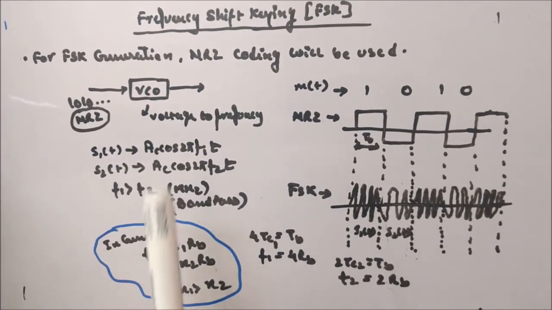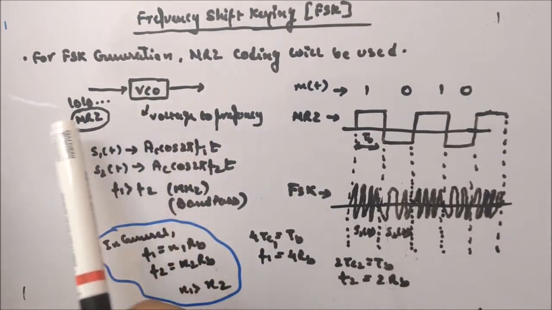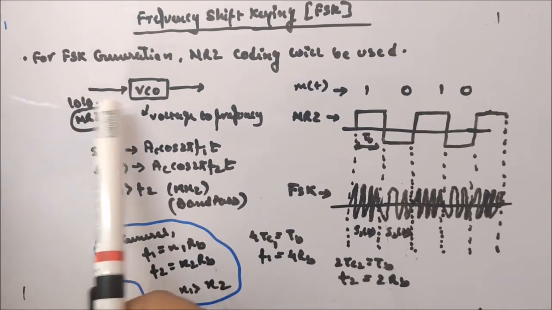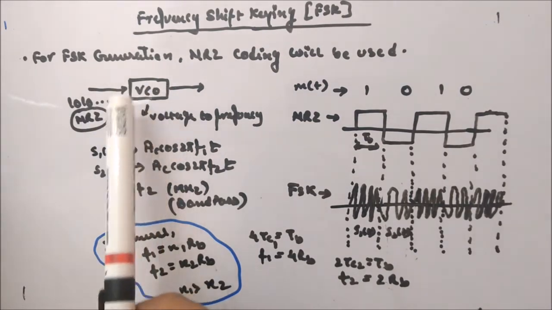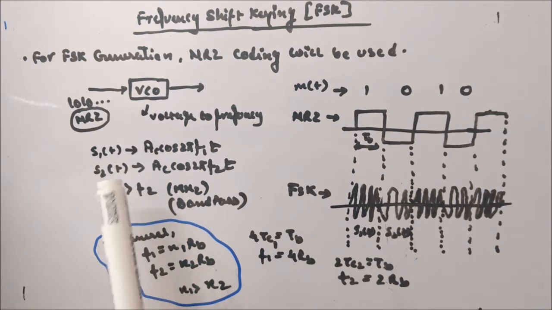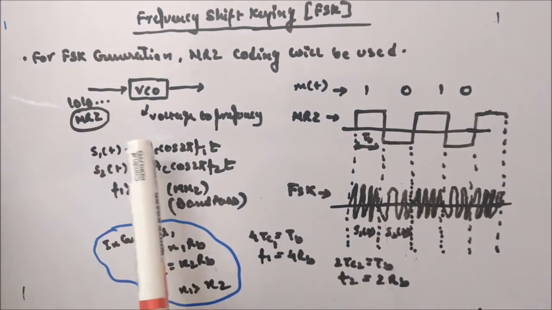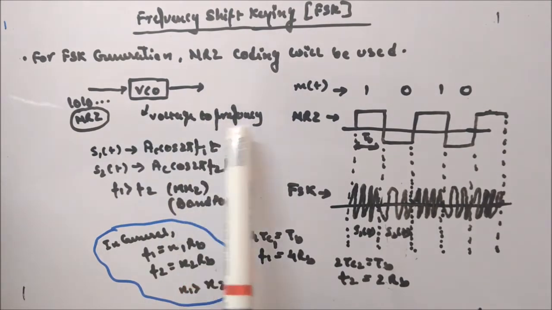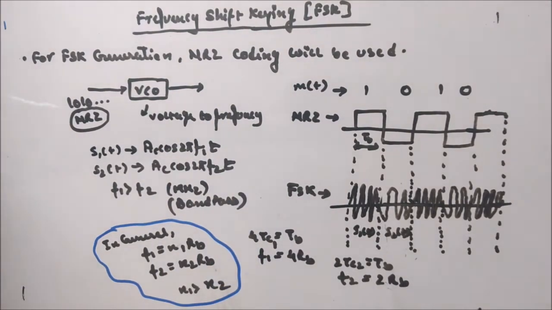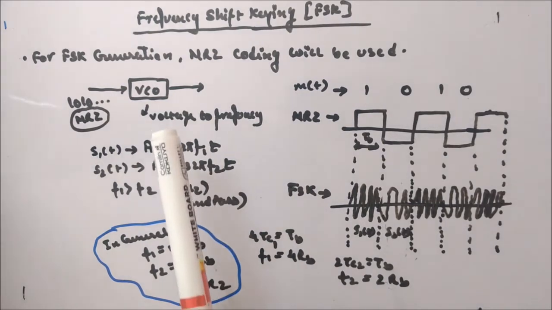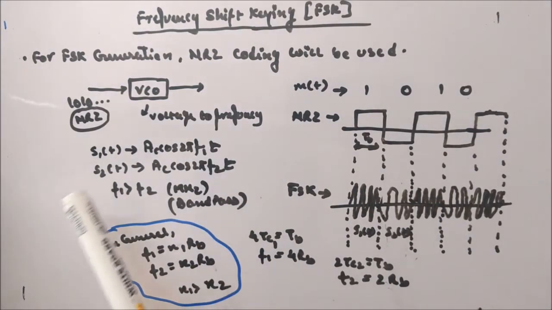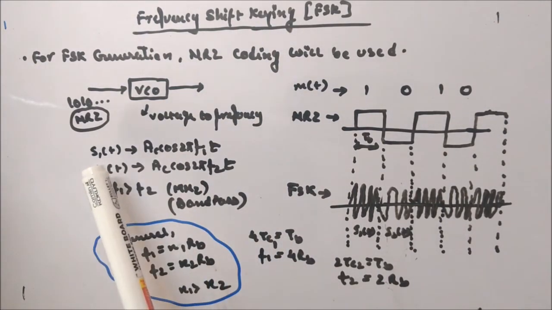So this will be the circuit part. You will send your digital signal into a circuit called a VCO, voltage controlled oscillator, which will convert the input voltage into frequency.